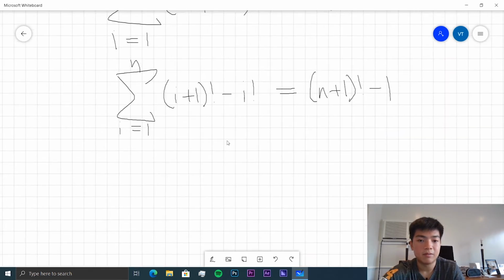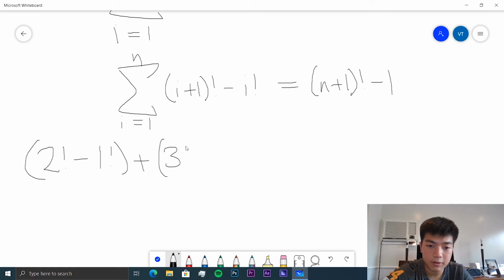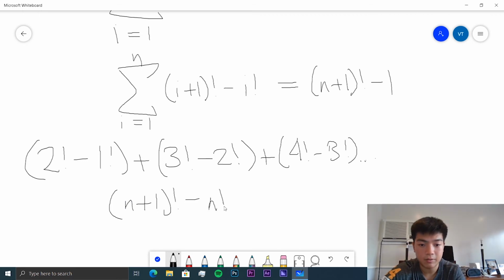And so what we actually end up with over here is 2 factorial minus 1 factorial plus 3 factorial minus 2 factorial plus 4 factorial minus 3 factorial until (n plus 1) factorial minus n factorial.